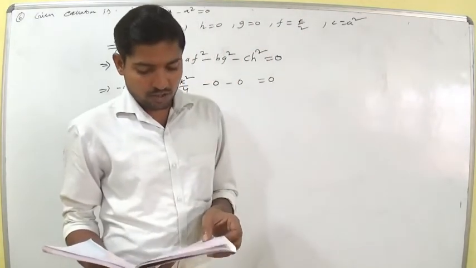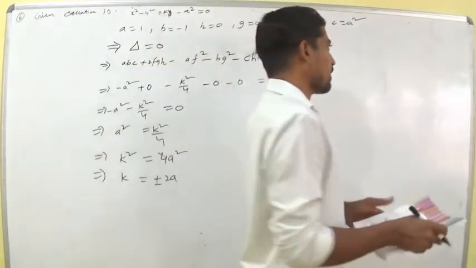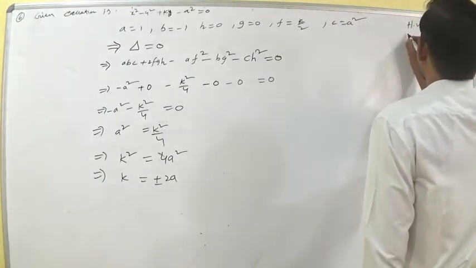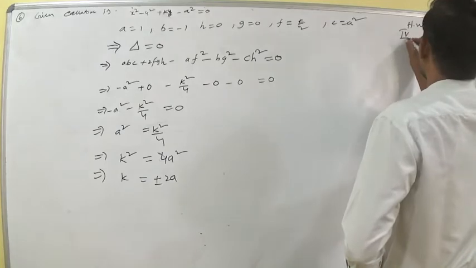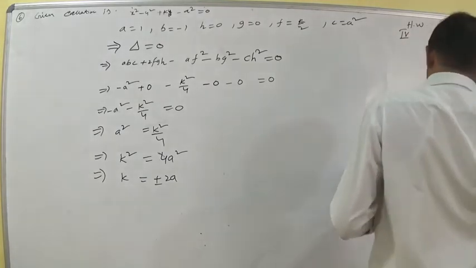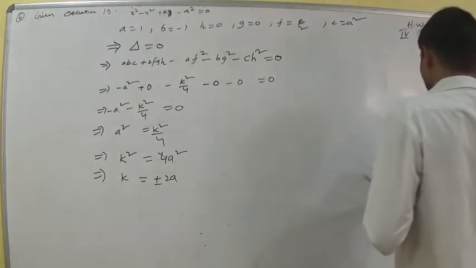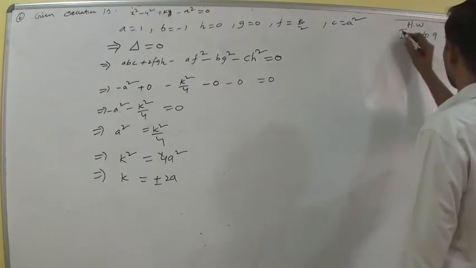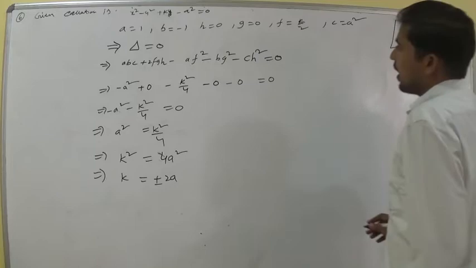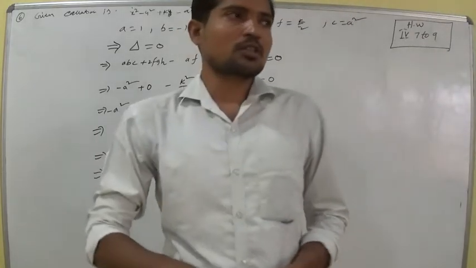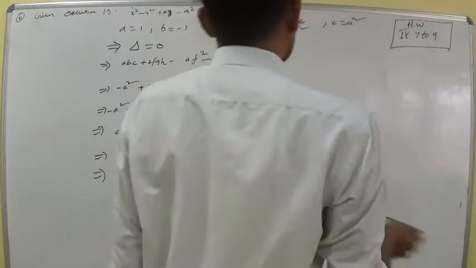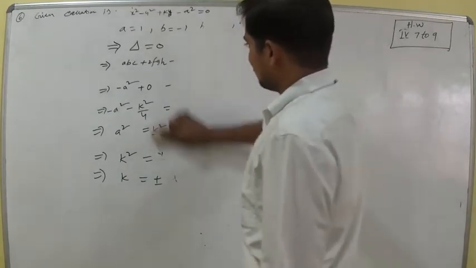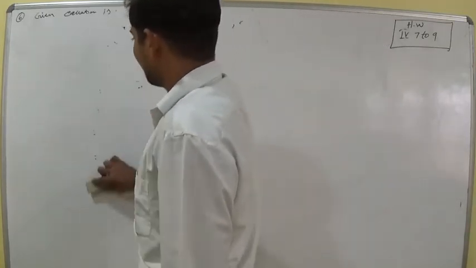Do it as homework. Totally, homework is fourth Roman full, in that problems 7 to 9. Use that formula and solve the problems given in that. Right? Next one.